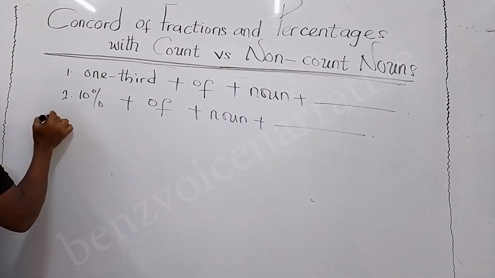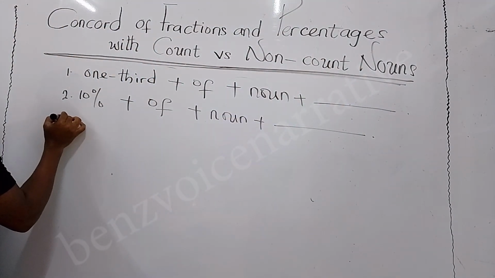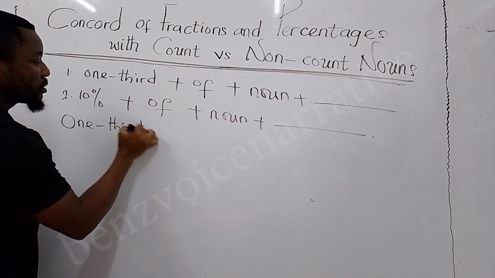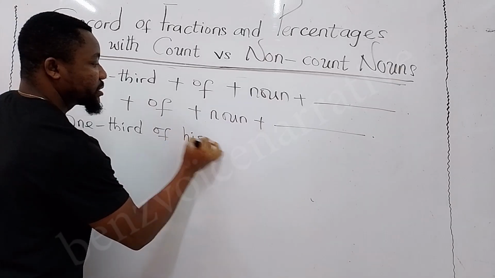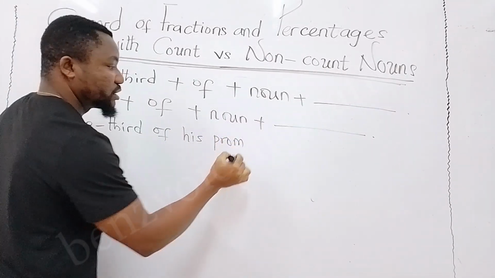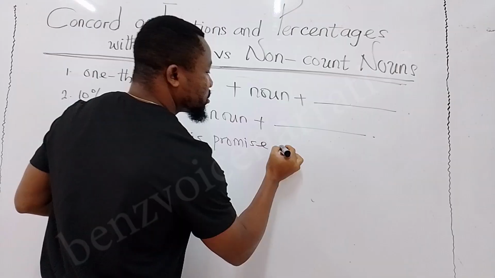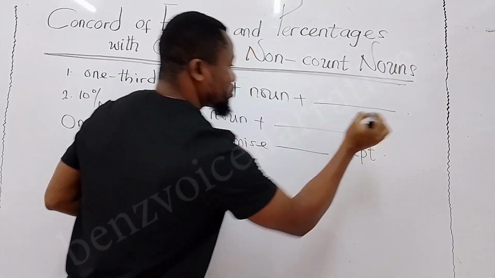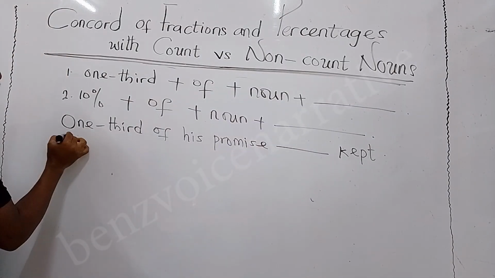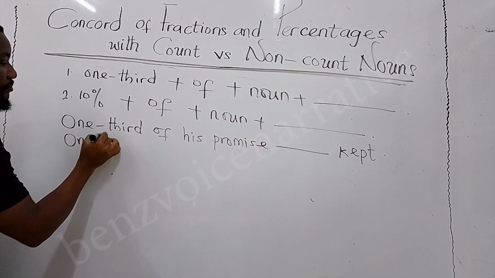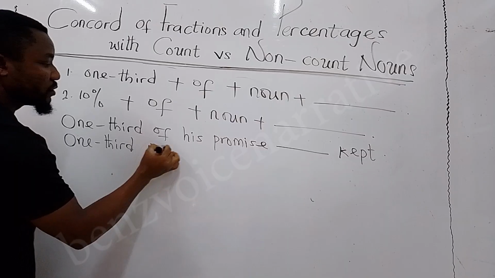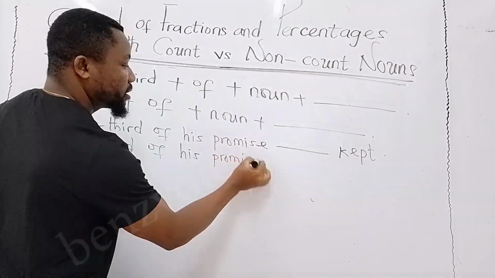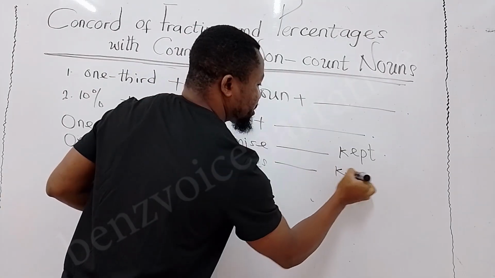Let's say, for example, number one: 1/3 of his promise, dash kept. Number two: 1/3 of his promises, dash kept.